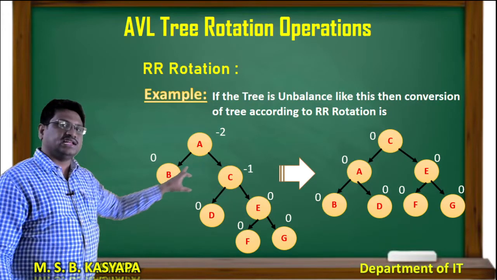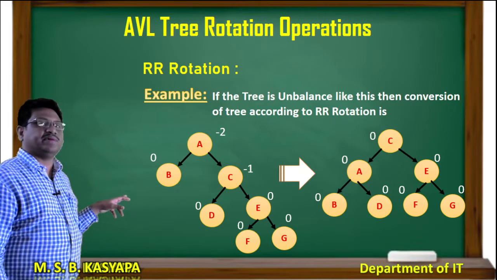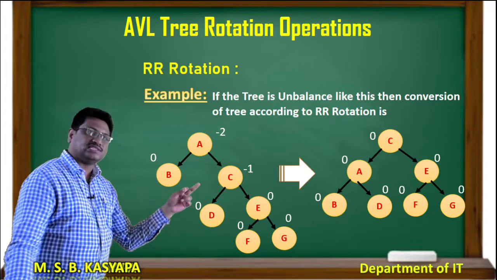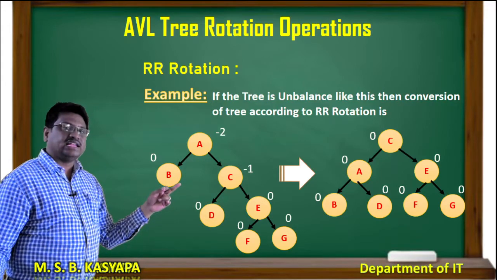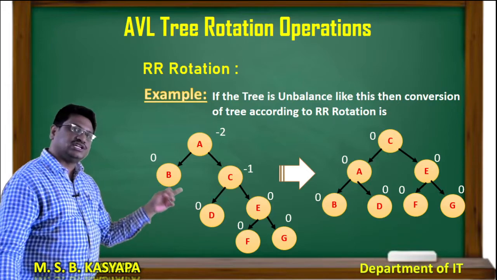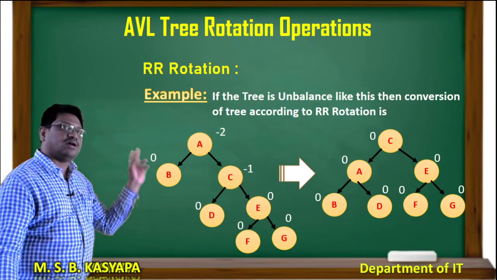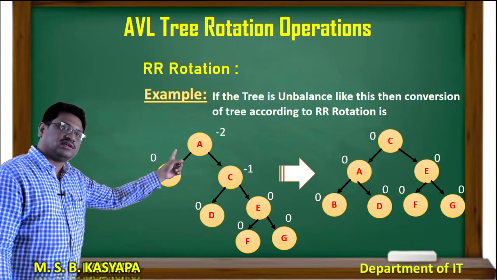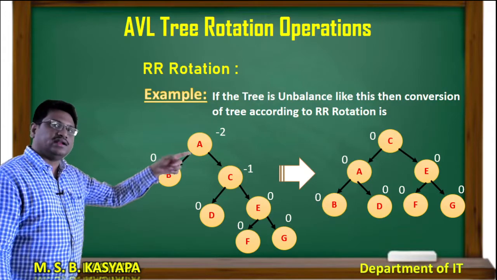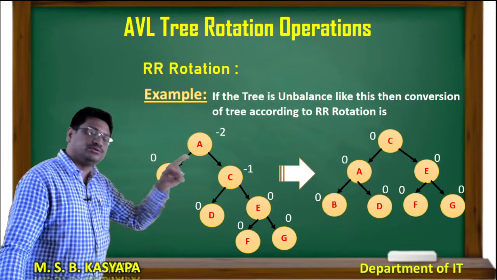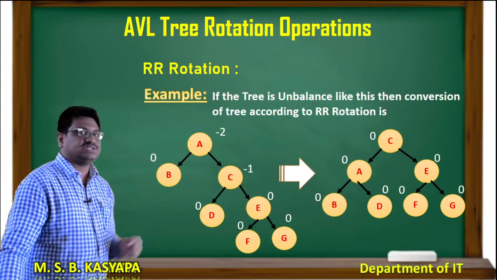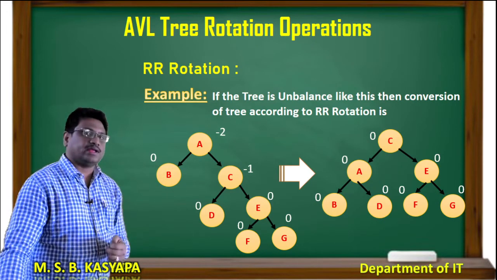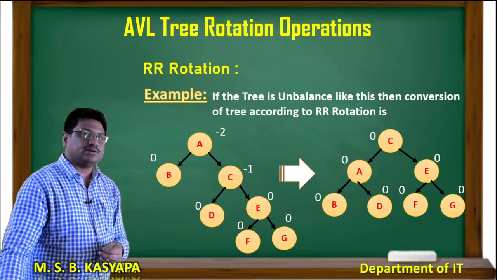If A has any left subchilds, those will become the left child for A, and if the new root node C has any left childs, they move to the right subtree of A. So it became a right subtree for A.